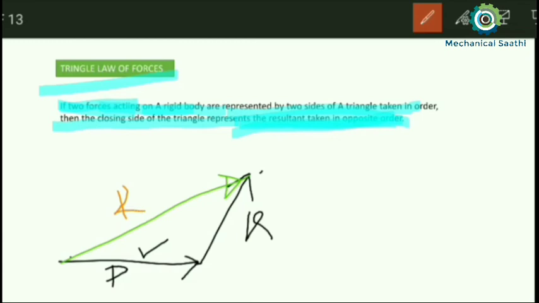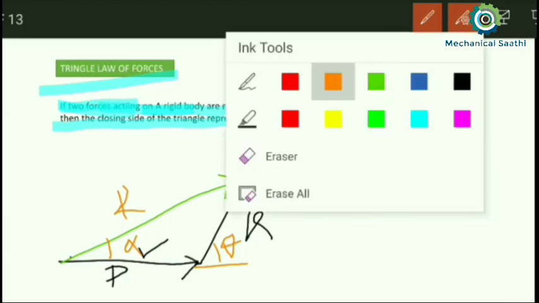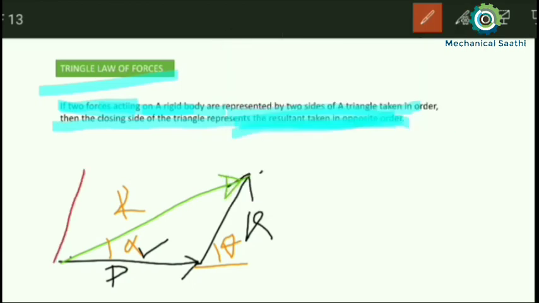It is quite similar, and if we try to find it, let this angle be alpha and let this angle be theta. According to the parallelogram law of forces, these two forces are the two adjacent sides of a parallelogram, but here these two forces are represented by the sides of a triangle.